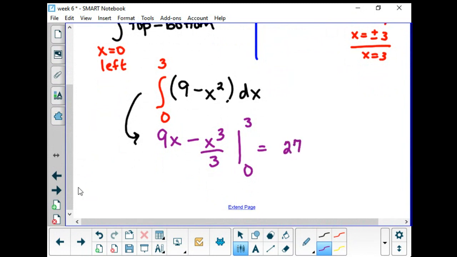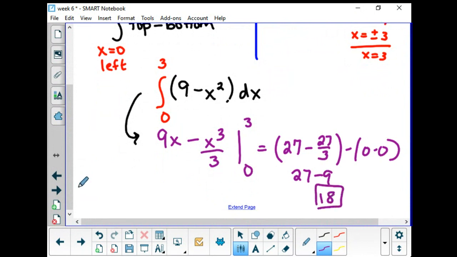So that would be a 27 minus 27 over 3 minus 0 minus 0. And so it would be 27 minus 9, or a big old 18.